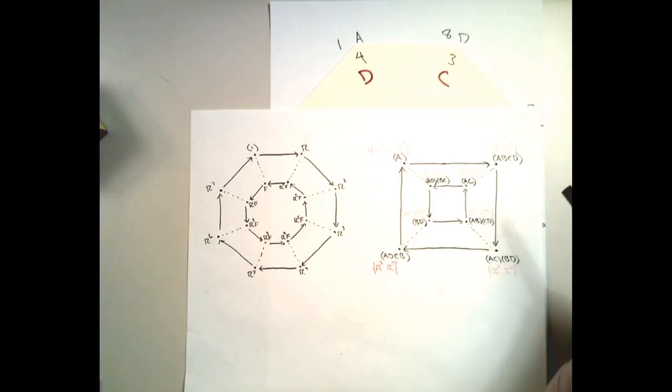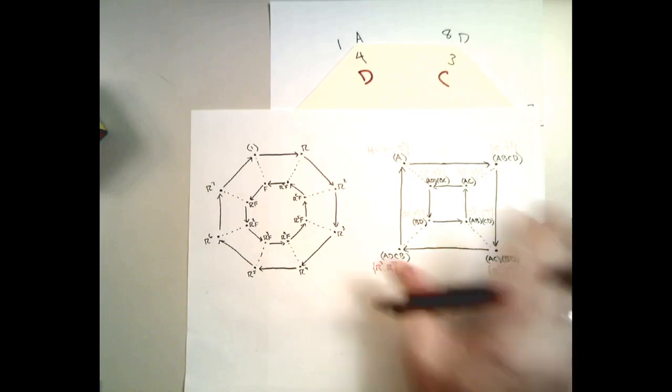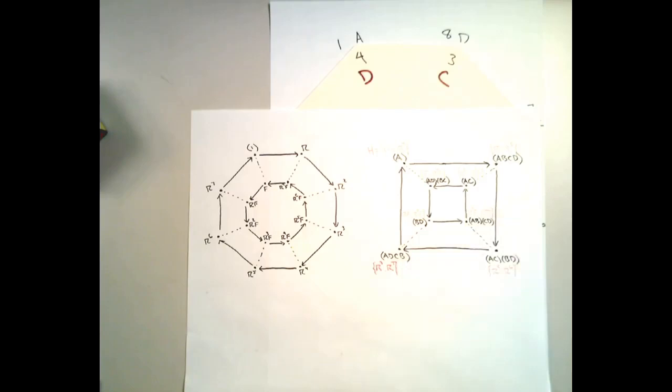And what we see just by virtue of where they're placed on this Cayley graph is that this quotient group turns out to be isomorphic to our Z4 cross Z2 group.